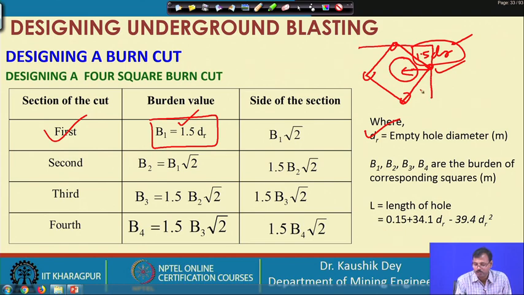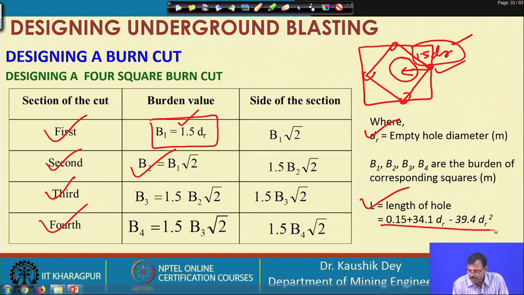We have to increase this square in this form, and you can have this formula for the considerations of the square cut. This is basically a 4 square cut, where if we have 4 squares like this, we can achieve the desired advancement. The length of the hole depends on the empty hole diameter with this formula as per the Lange-Fors-Kihlstrom guideline.